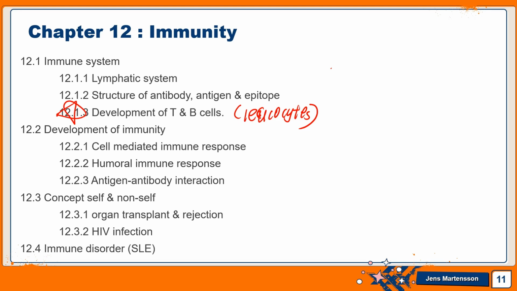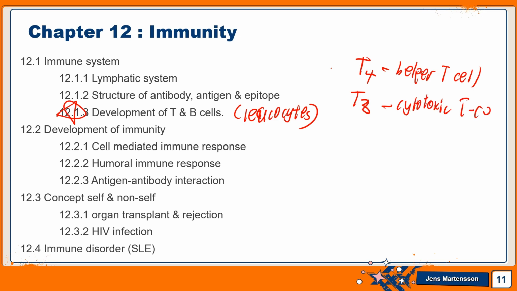T cell and B cell play the major role in our immune response. And in the syllabus we have two T cells, T4 cell, whose other name is helper T cell, and another cell called cytotoxic T cell. Depends.